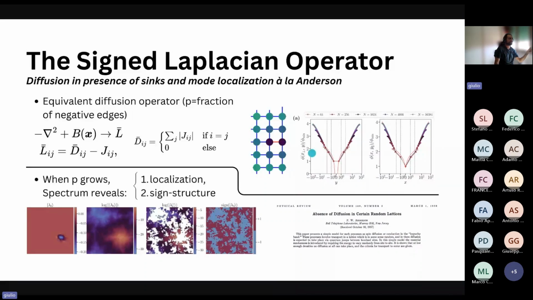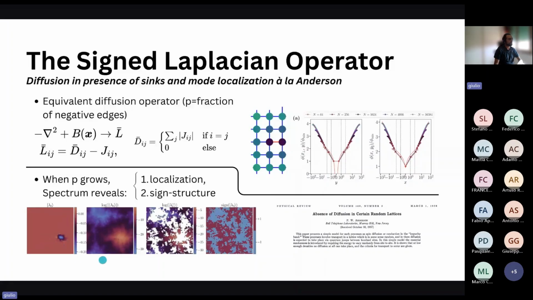Now let's say that we put a fraction p of negative edges into the system, and we look into the spectrum of this operator. What happens is a process tantamount to Anderson localization in the spectrum. That is, the lowest eigenmodes become localized: the measure localizes into a subset of the system.